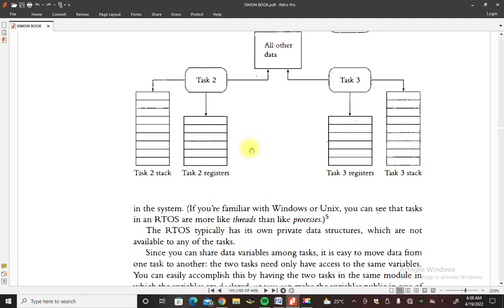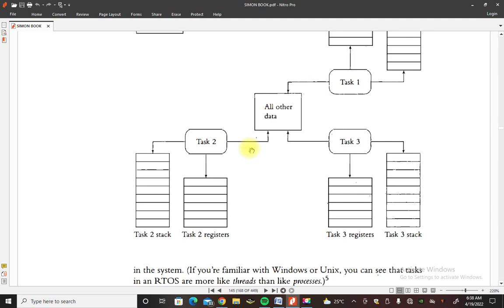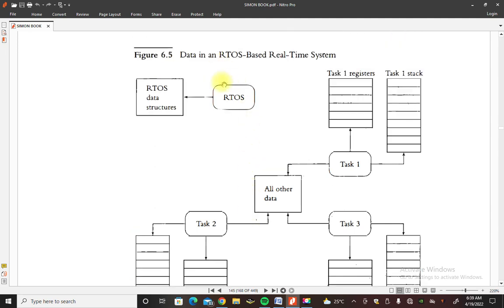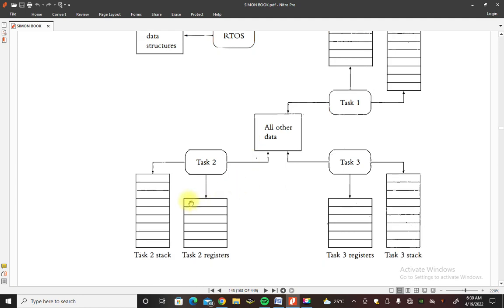So the task typically has its own private data structures, which are not available to any of the other tasks. Here you can see in this diagram, the real-time operating system has its own private data structures, and task 1 has its own separate task 1 registers and task 1 stack. Task 2 has its own separate registers and its own separate stack.